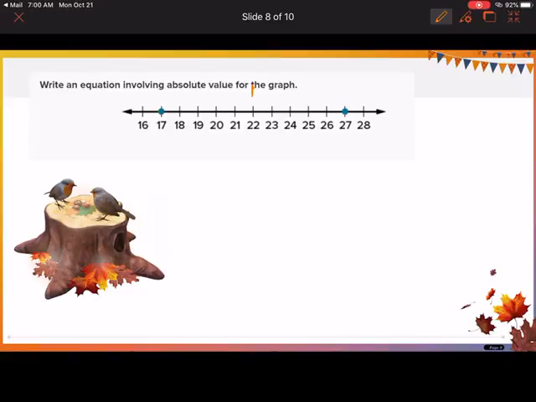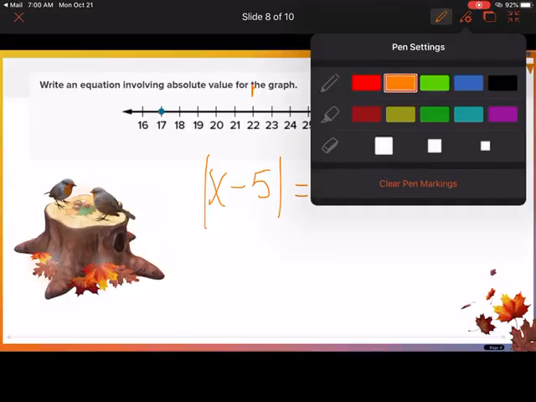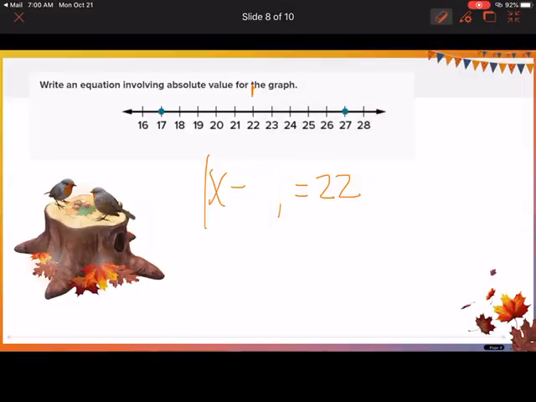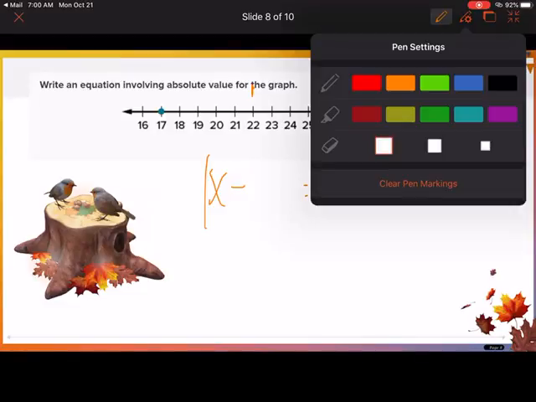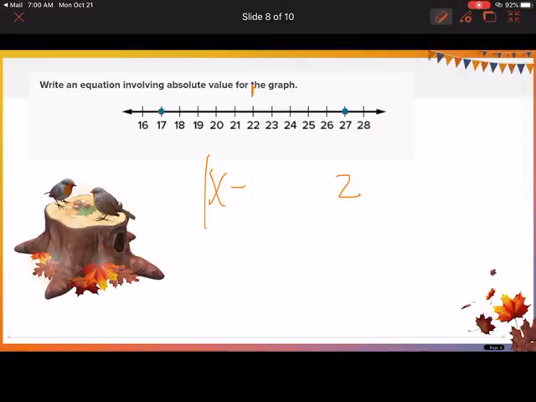So here I would say the absolute value of x minus 5 equals 22. So let's see if that's correct. Actually, let's make it equal to 5, so it comes out right, sorry. Oh, and it's not letting me erase. Here we go.